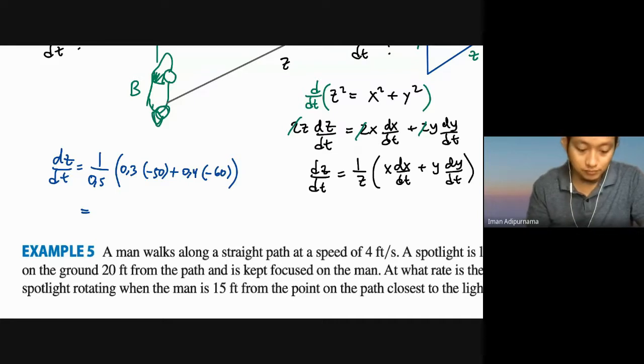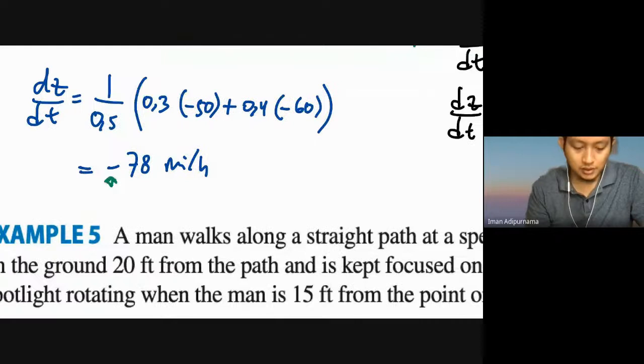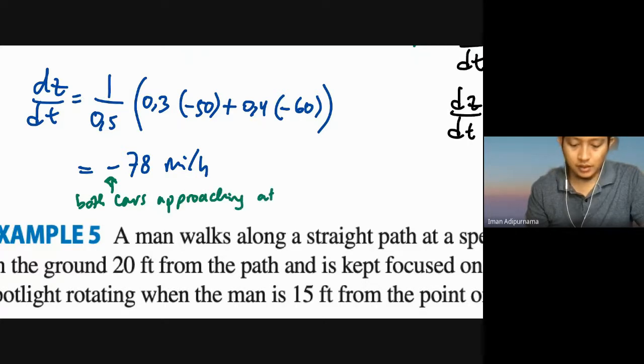Okay, you will get negative 78 miles per hour. This negative means that both cars are approaching at a rate of 78 miles per hour.